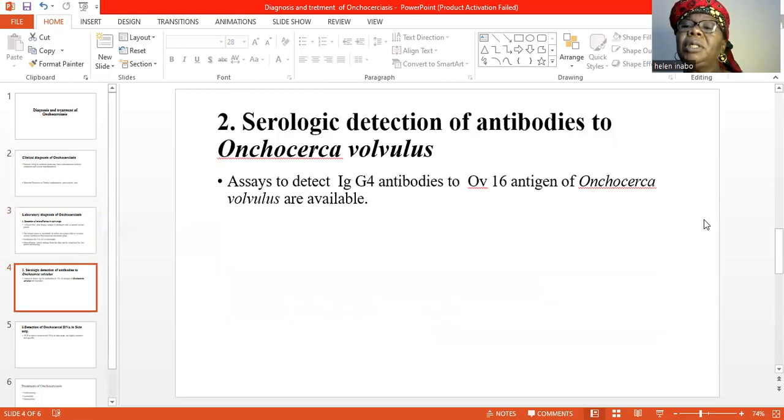A serological detection of antibodies to Onchocerca volvulus can be done using the principles of enzyme-linked immunosorbent assay, the assay to detect IgG4 antibodies to OV16 antigen of Onchocerca volvulus.